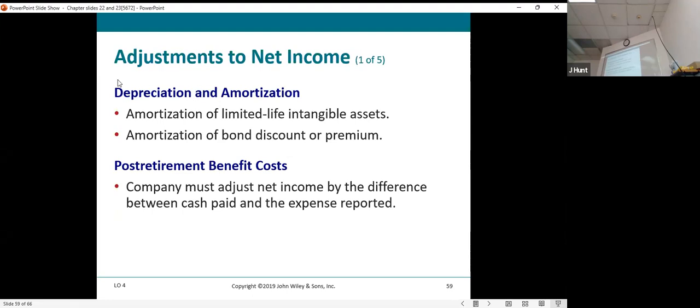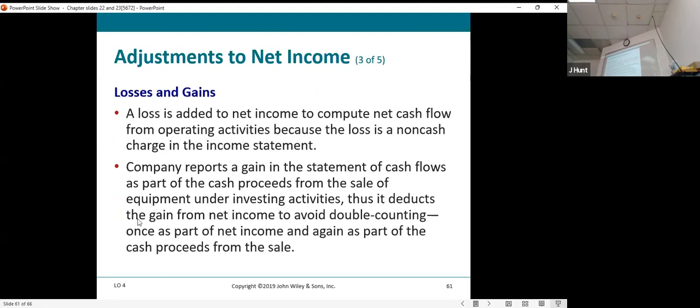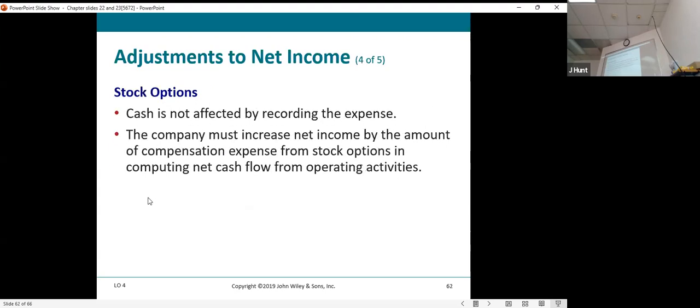Post-retirement benefit costs are another item to adjust to net income. Changes in deferred tax, equity method accounting. They're all adjustments, losses and gains, and they go through the details of what those are. Stock options: cash is not affected by recording this particular type of expense.